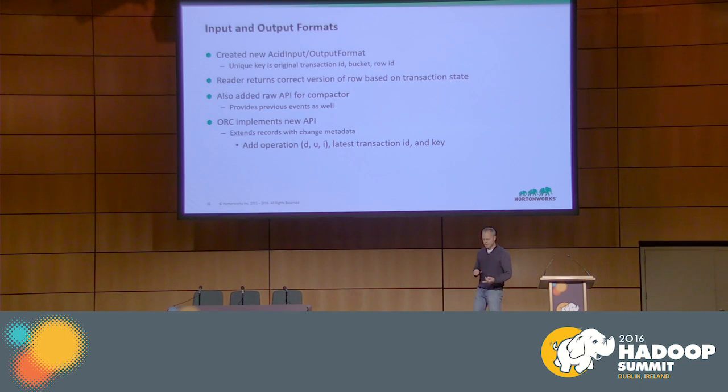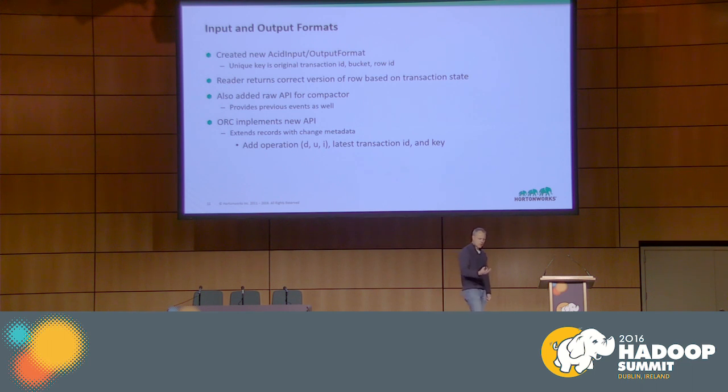And that information is original transaction ID, bucket ID, row ID. So bucket ID is just which bucket is this in, obviously. Row ID is a unique value inside that bucket and transaction. And we also actually record latest transaction ID so that you can understand the changes a row goes through, basically the different versions of a row.